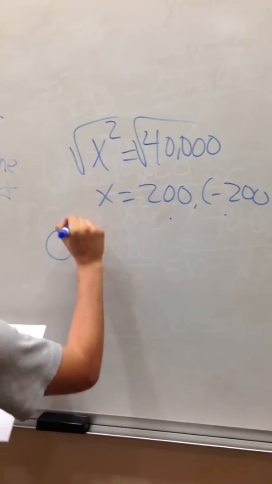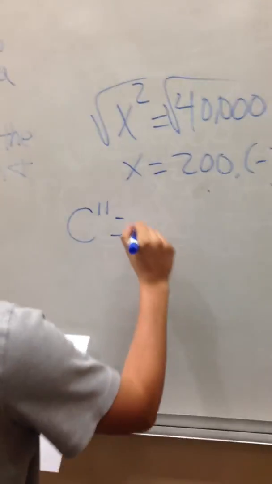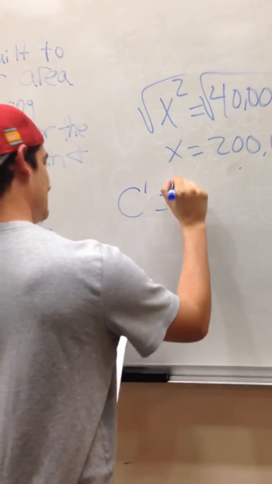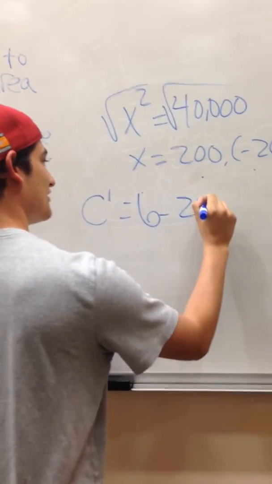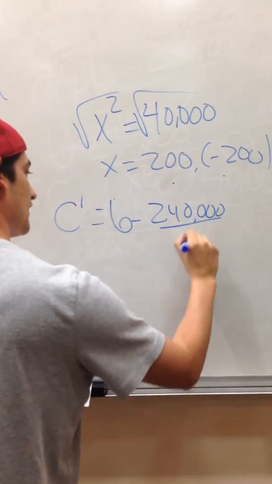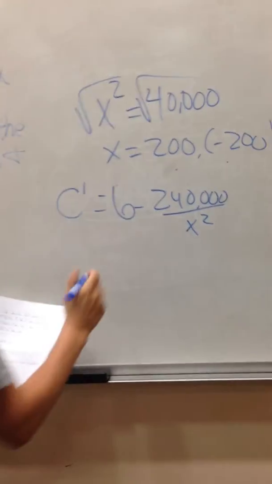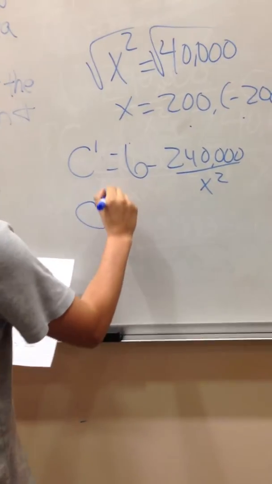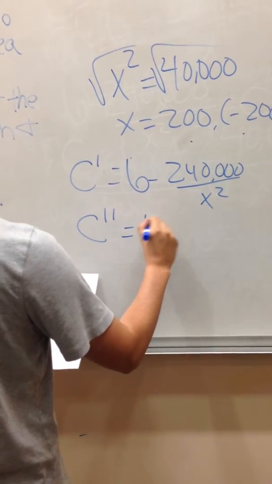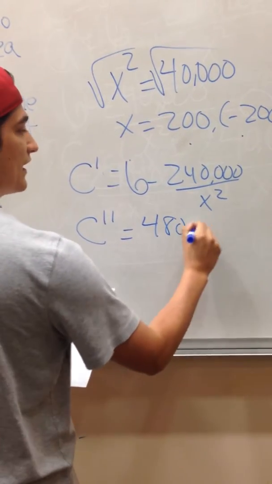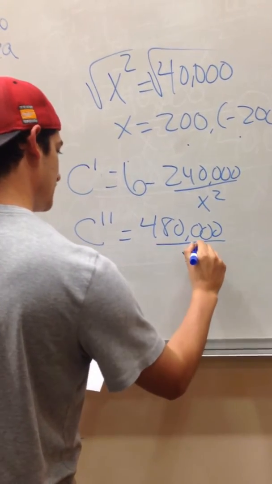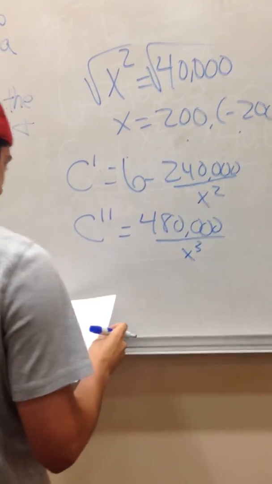The first derivative of C is 6 minus 240,000 over x squared. So when we take the derivative the second time, the 6 drops out, and we're going to have 480,000 over x cubed.